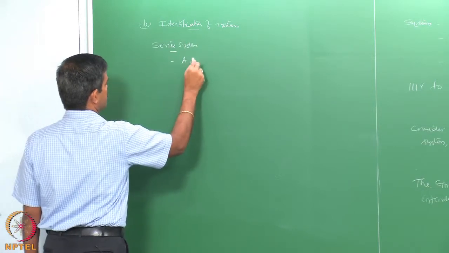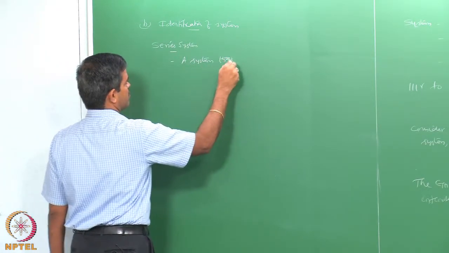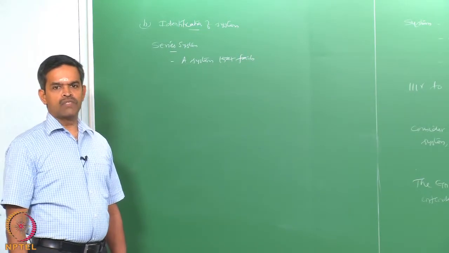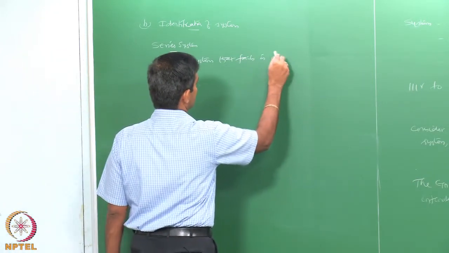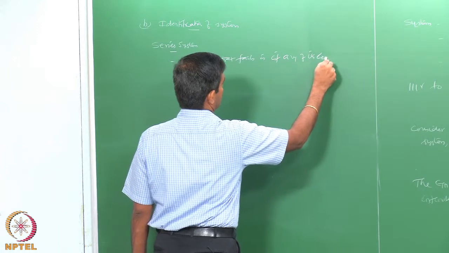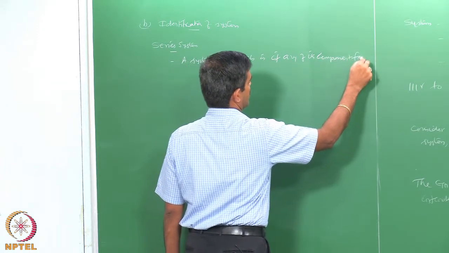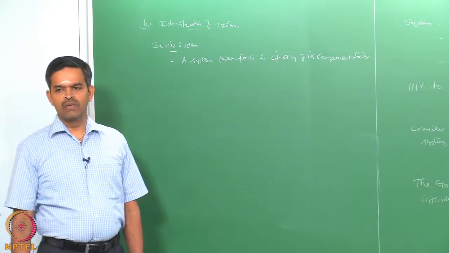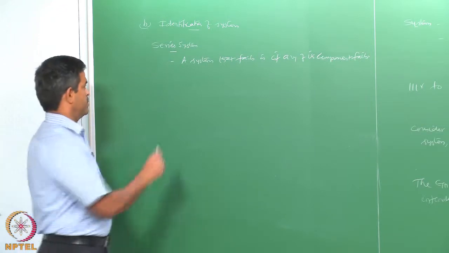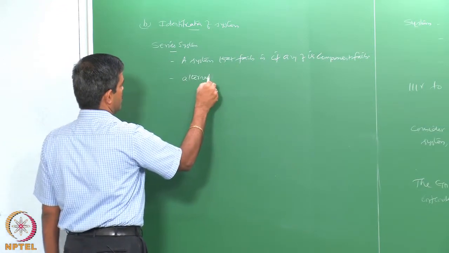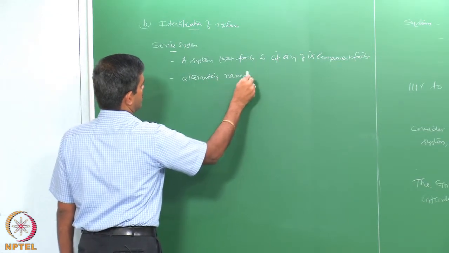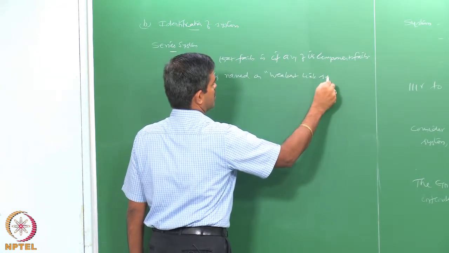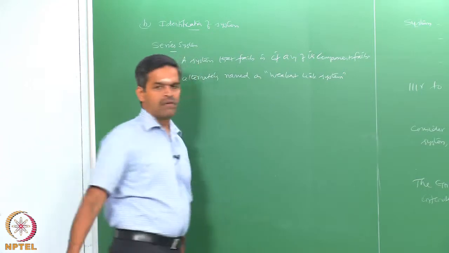Series system is that system that fails if any of its components fails. Such systems are often called weakest link systems, that is, the system with weak links.